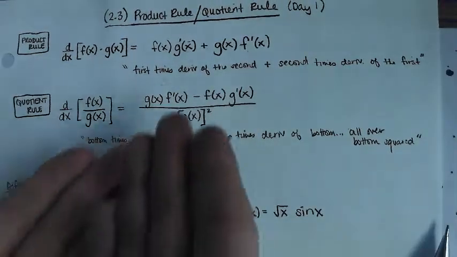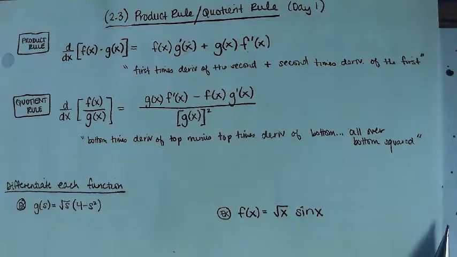So you'll hear this little quotation come out of my mouth very often, too many times. I just say the first times the derivative of the second plus the second times the derivative of the first. And that ring should sit with you, and you should be able to apply that.